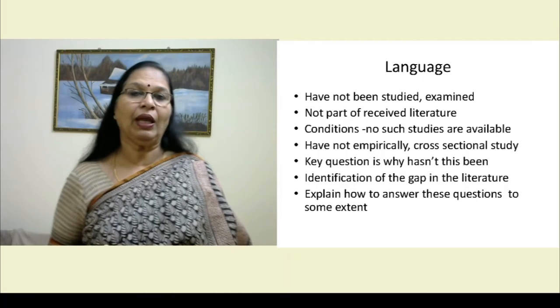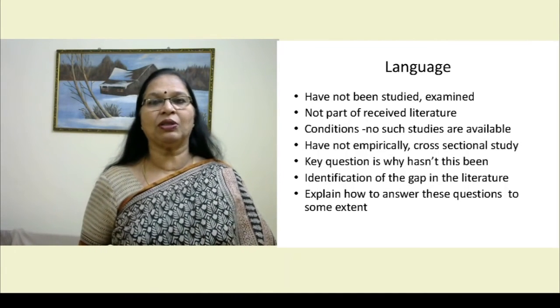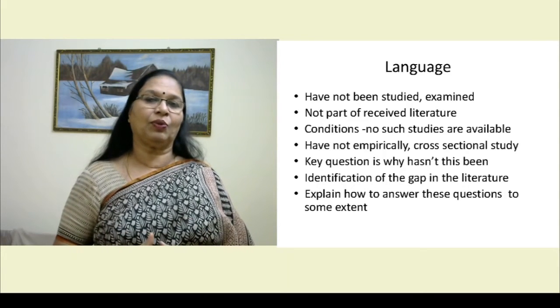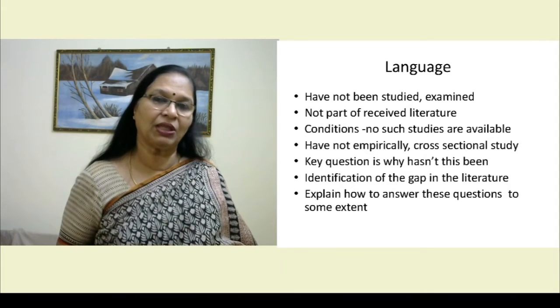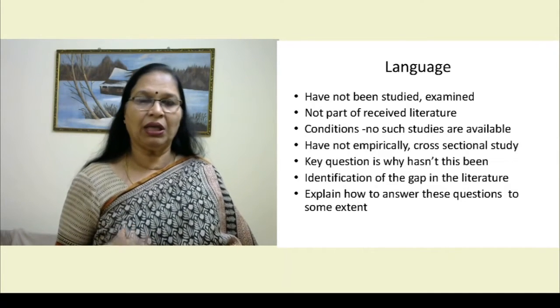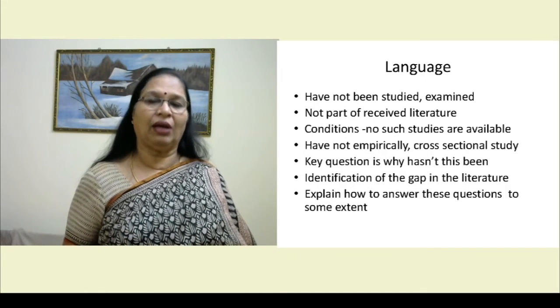Now, I give a lot of importance to the writing of research because, as I told in the last class, it can become very cumbersome later when the language is not right. You will have to keep editing that language for the correctness of the language more than other reasons.